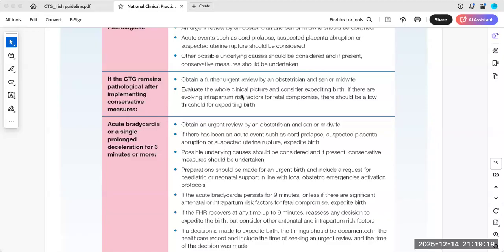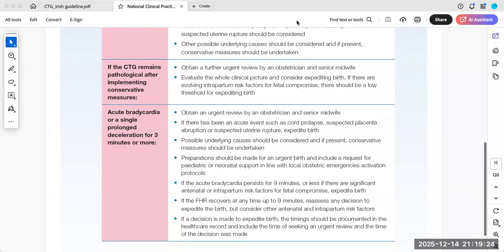Now, my friends, I have reached the end of the decision-making algorithm, and I think that this can give you an idea about the management of the fetal heart rate monitoring during labor, right? Based on the classification of the CTG according to the NICE 2022, which is now in line with the Irish guideline.